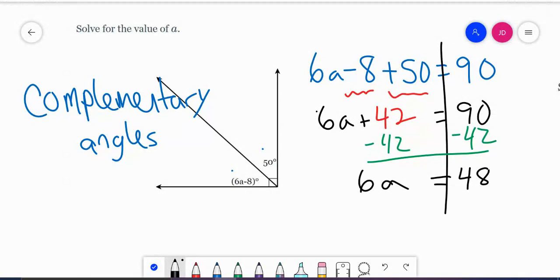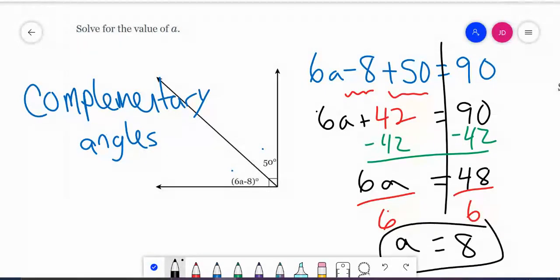Yep, 48. Divide both sides by 6. And my answer is 8. So 6 times 8, which is 48. So complementary angles, you add them up to equal 90.